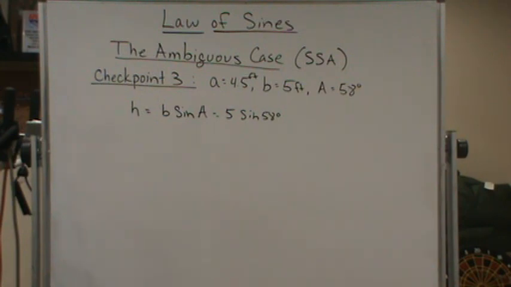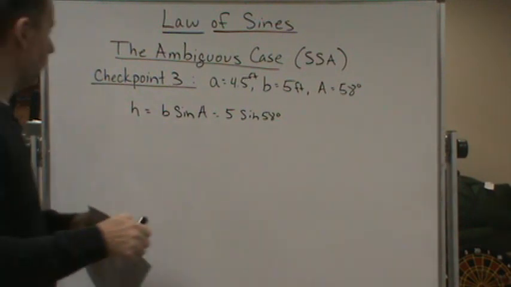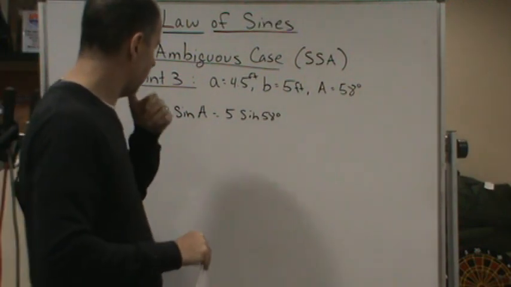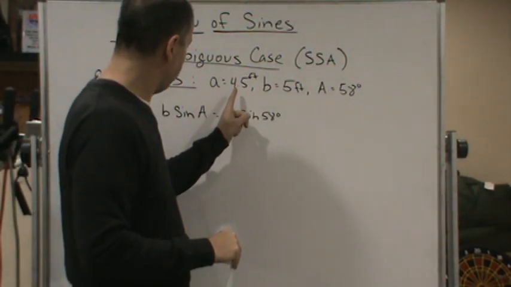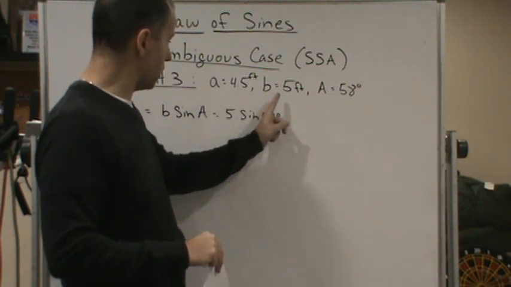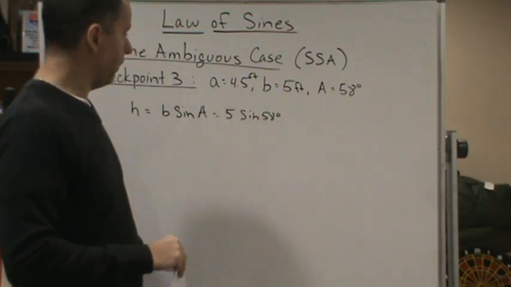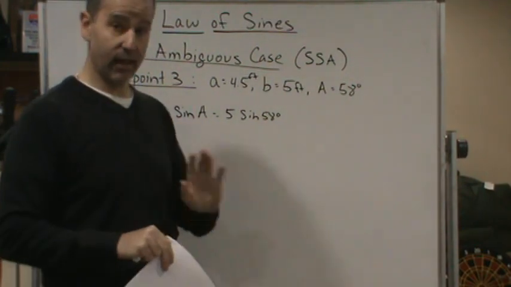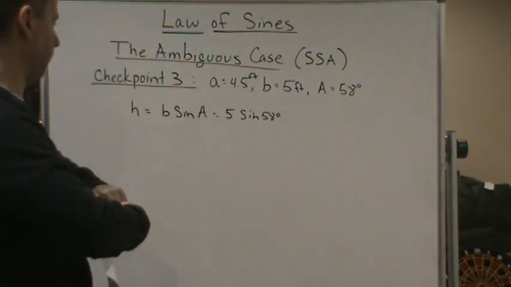So 5 times sine of 58, I get 4.24. So 4.24 is h. So A is bigger than h, but smaller than B. So this is going to have 2 distinct triangles again.